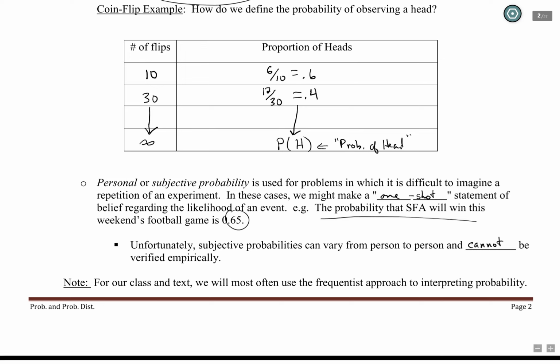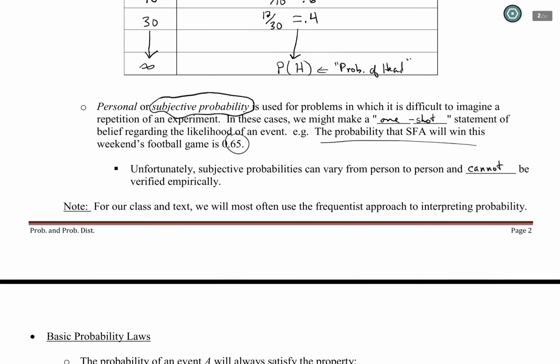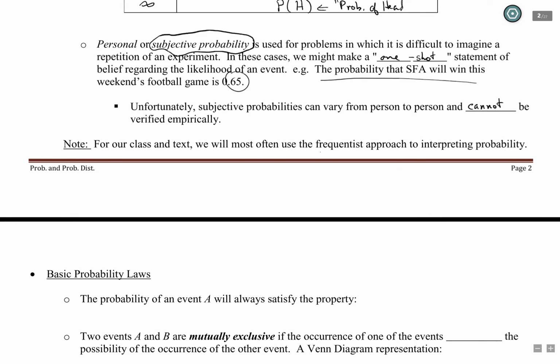That said, this sort of interpretation has its place in a particular view of statistics called the Bayesian view of statistics. We won't get into that for our class, but you should be aware of it. For our class and really our textbook, we most often will use the frequentist approach to interpreting probability.